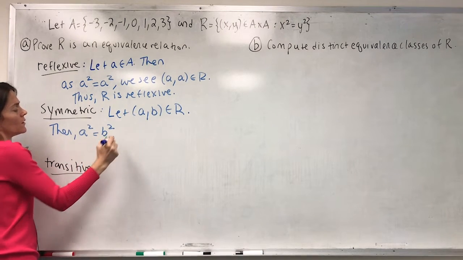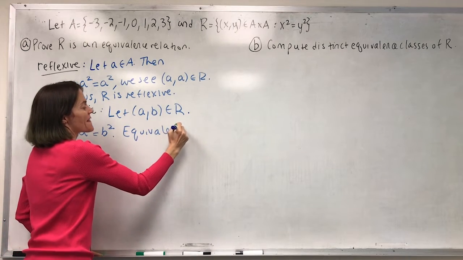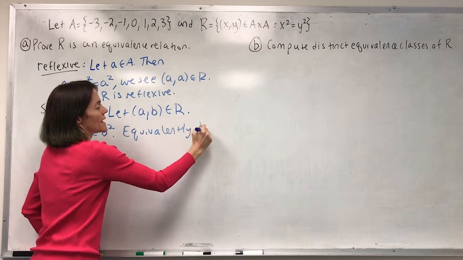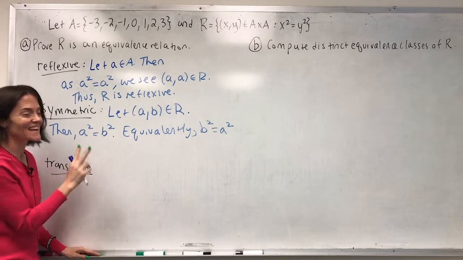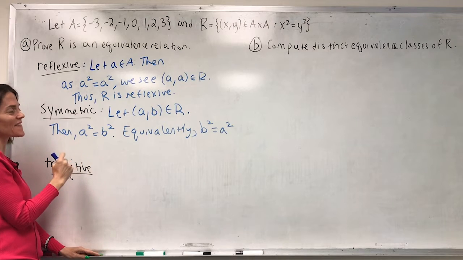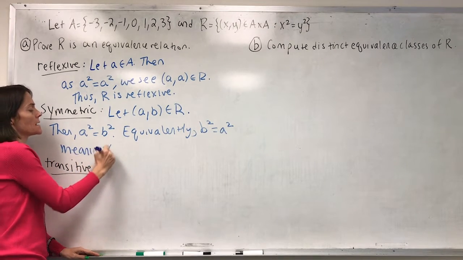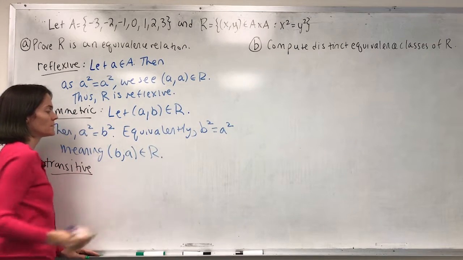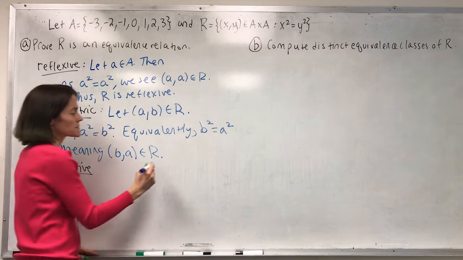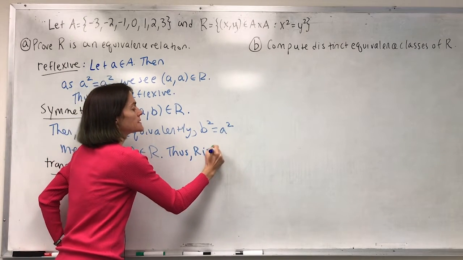Equivalently, we can say b squared equals a squared. It's the exact same thing, I'm just writing it on the other side, meaning (b, a) is in R. So thus, R is symmetric.